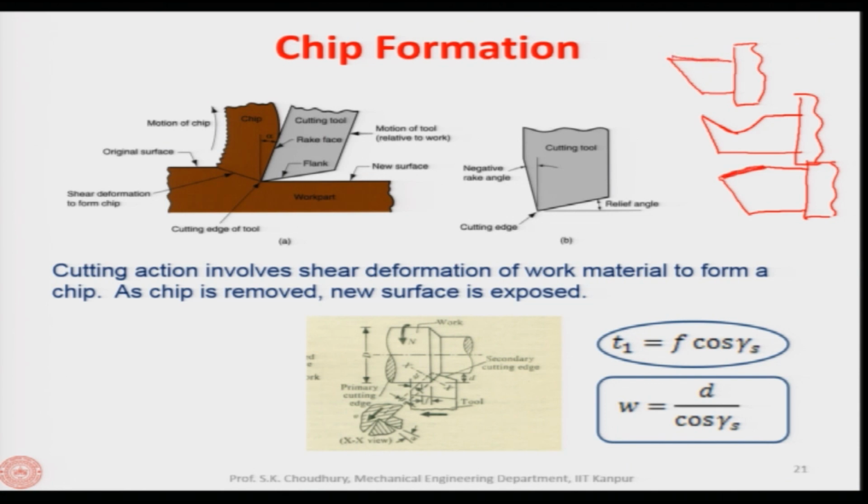What is the rake face? Rake face is the face along which the chip moves. This you can always determine, if you look at the cutting process, you will see the chip is flowing along the rake face. So, here the chip will be flowing along this surface, or along this surface. Therefore, this is the angle between the rake face and the line perpendicular to the cutting velocity vector.